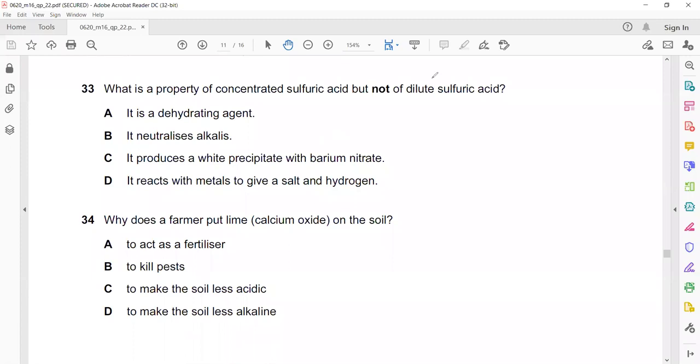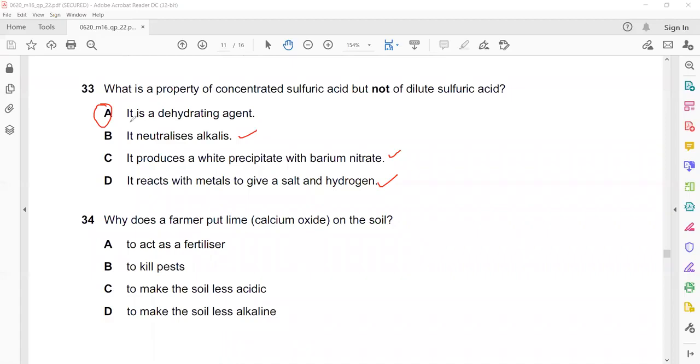Concentrated sulfuric acid can be used as a dehydrating agent, it can remove the water from a substance. It can neutralize an alkali, that's true. It produces a white precipitate with barium nitrate because it will form barium sulfate. It reacts with metal to give salt and hydrogen, that's true.